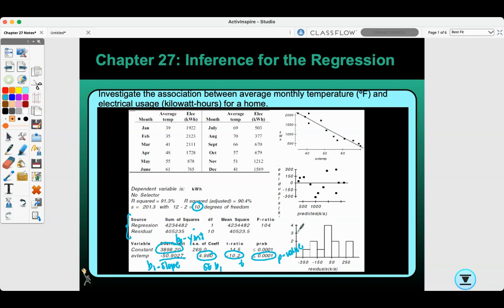It's relatively small. Okay, so for this problem, we could write down an equation for electrical usage using the information here. So we'll go ahead and write that right here.